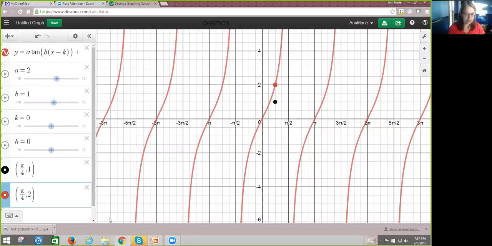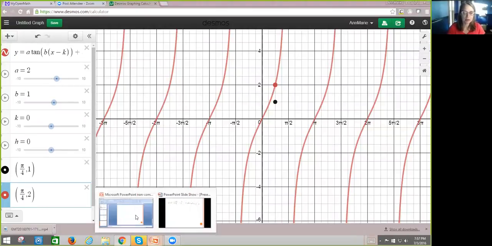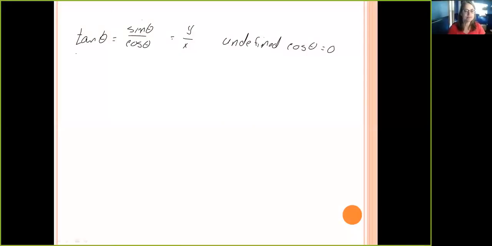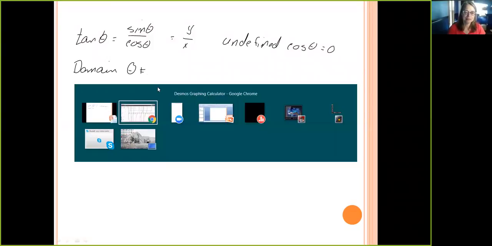Okay, so what to take away from this? Domain. Theta cannot equal what?